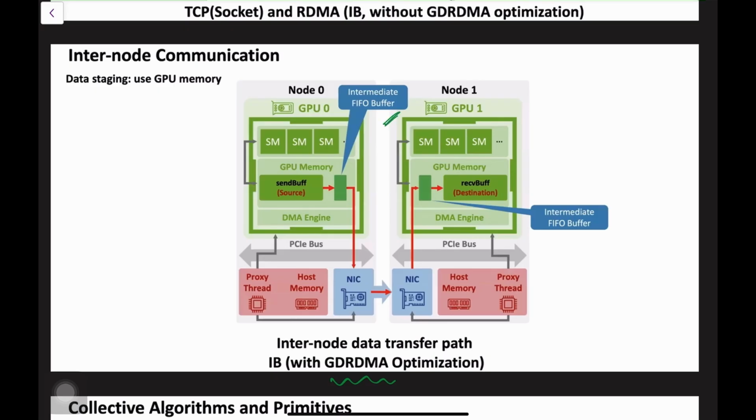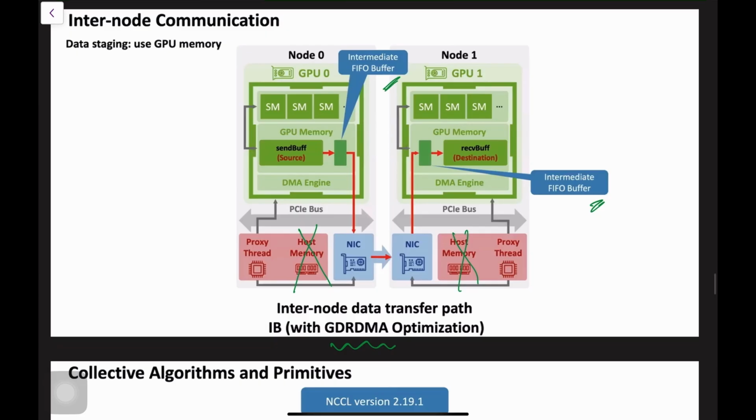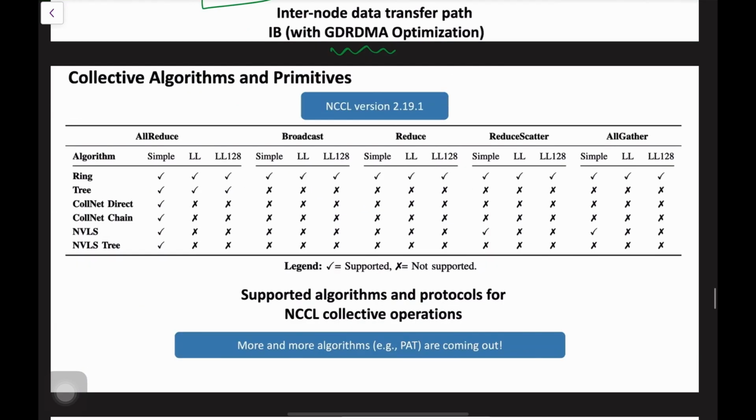Note that there will be some intermediate FIFO buffers involved, but it will be much faster anyway than writing to the host memory. And by the way, in this internode communication, there's a proxy thread of the CPU which does all the network operations for the GPU.